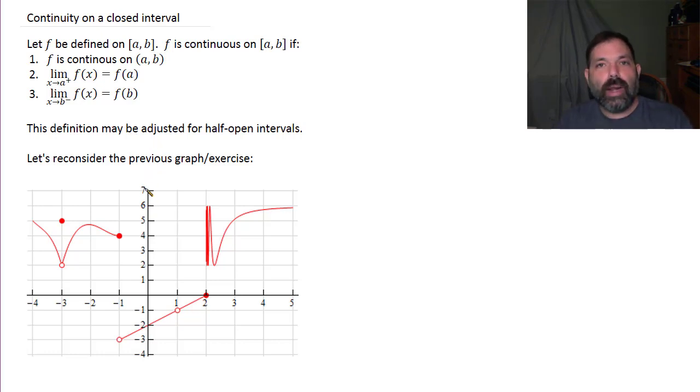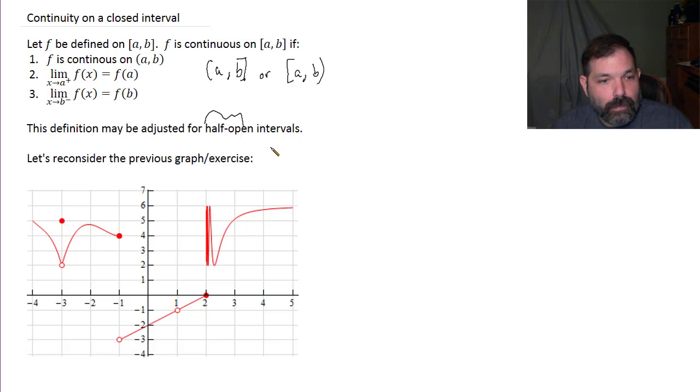And we can adjust this for half open intervals. So for example, when we're talking about a half open interval, we could say the interval a comma b bracket, or we could talk about the interval bracket a comma b, half open or half closed, right? It just depends on your perspective.